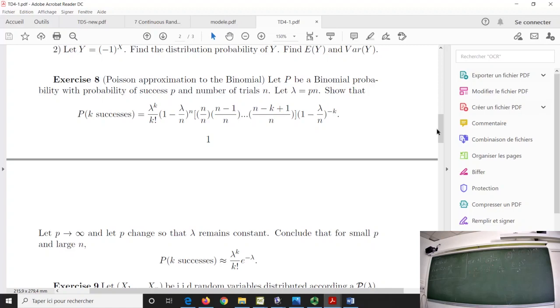We have 1 minus lambda over n. So I have n factorial here, n minus k factorial here, I have n to the power k, and I have 1 minus lambda over n to the power n. What is your problem? In the expression we have the same power n first: 1 minus lambda over n to the power n.